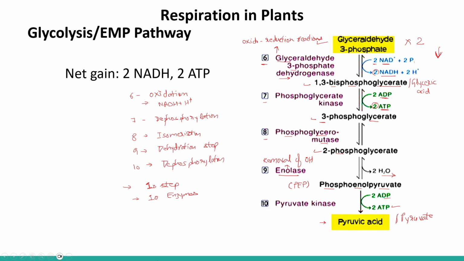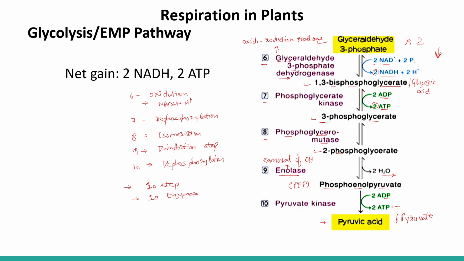Let's see what the outcome of glycolysis is now. First, notice that NADH is being synthesized here, in step 6.